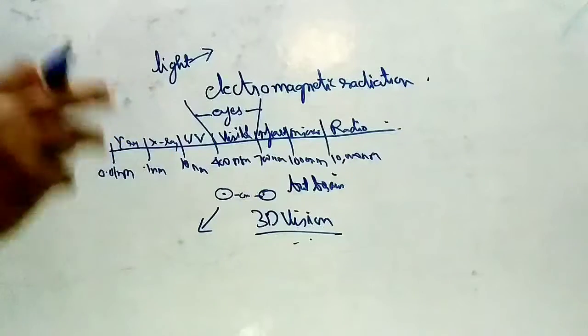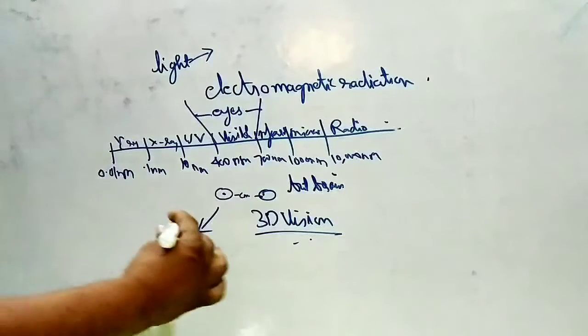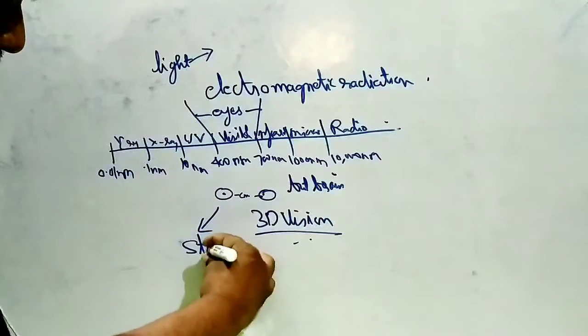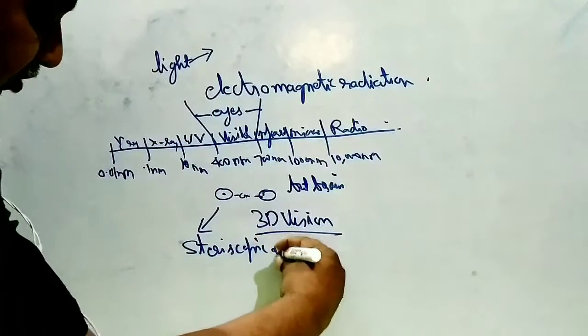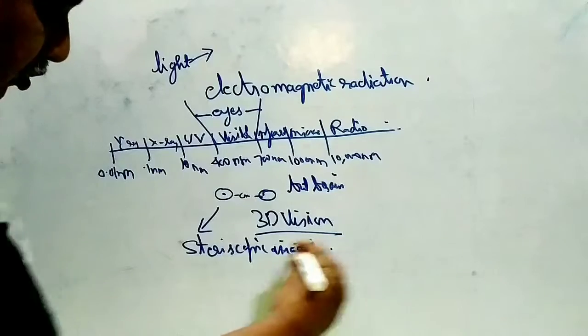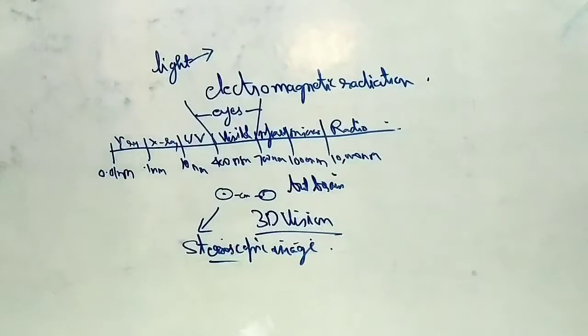Two images made by two different eyes, when combined together, form one single image, and it is called a stereoscopic image. This vision is called stereoscopic vision, which is produced by two eyes combining together.